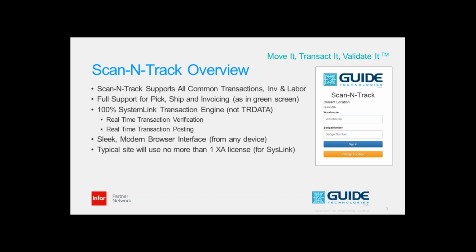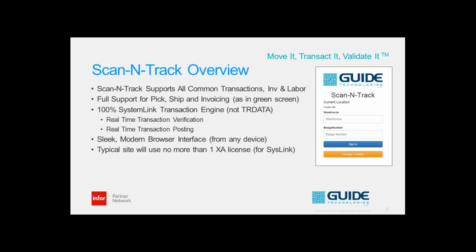One of the other nice features is that we don't require any additional XA user licenses for Scan and Track. So if you have System Link, then you've already got the required XA license. It's really just to link to the System Link. Scan and Track is licensed per device, not per XA user. So we don't consume any additional XA user licenses.